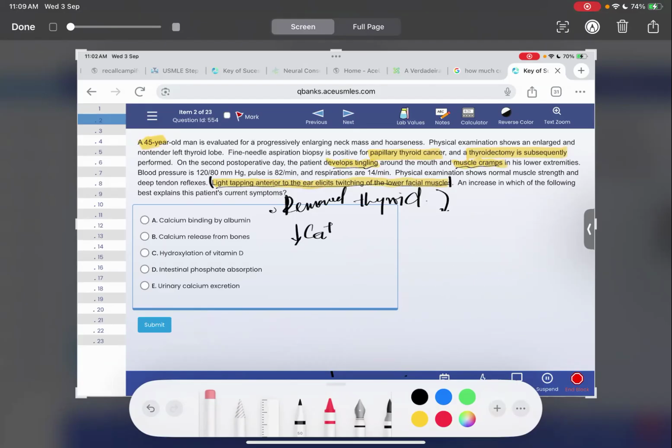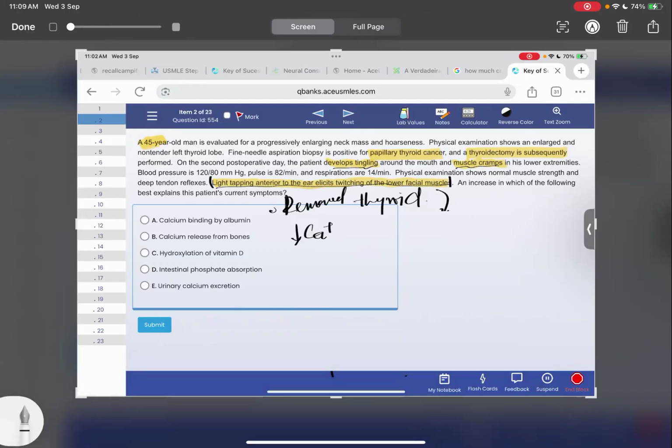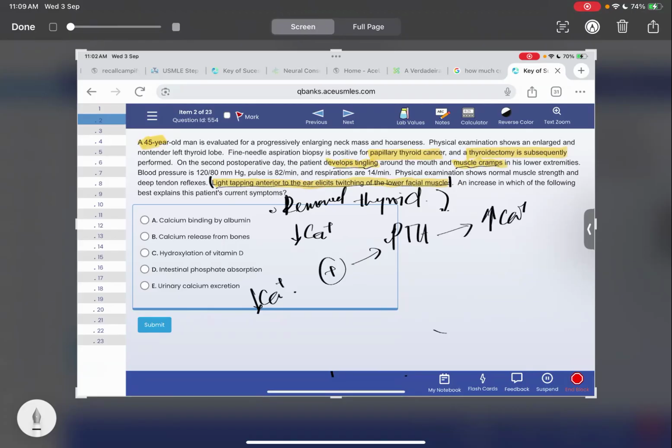One function of the parathyroid gland is that it is activated by decreased calcium, so it will increase calcium in serum. The second function is that we call it the phosphorus trashing hormone.